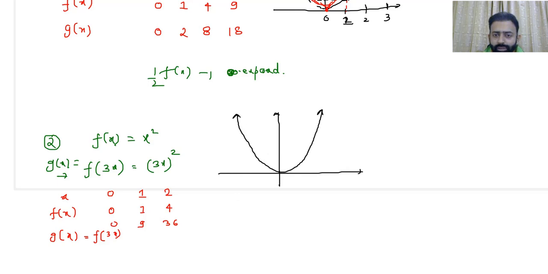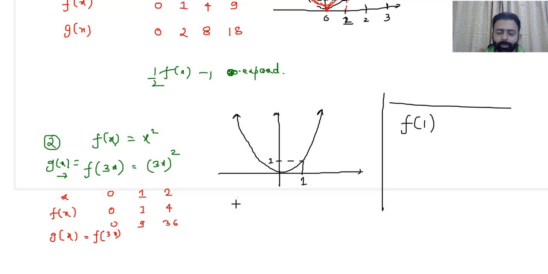Now understand this. If you need the value of the same f(1), let us do this explanation here: in your original function, the value of f(1) was 1. Now you have a function f of 3x. So in order to get the same value of the function, which is f(1), you need to make this 3x as 1.